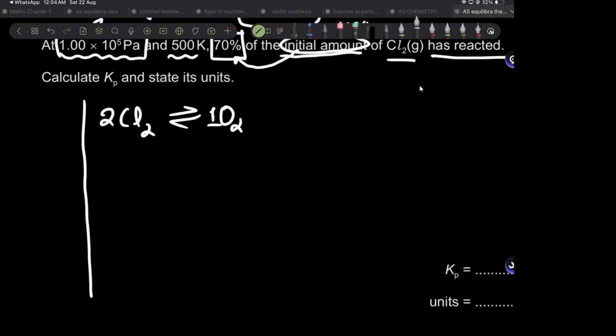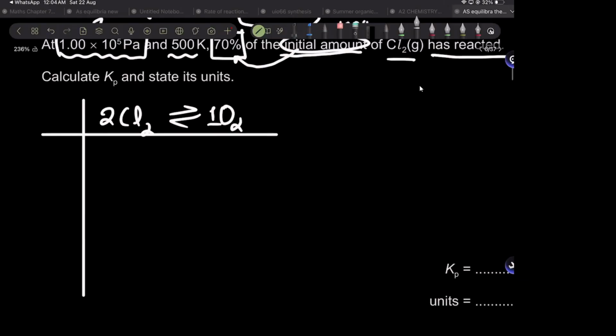Now I do know that initially, how much chlorine did I have? 100%. And if 70% of it has reacted, how much of it has reacted? 70%. So how much am I left with at equilibrium? 30%. But we do not use percentages, right?